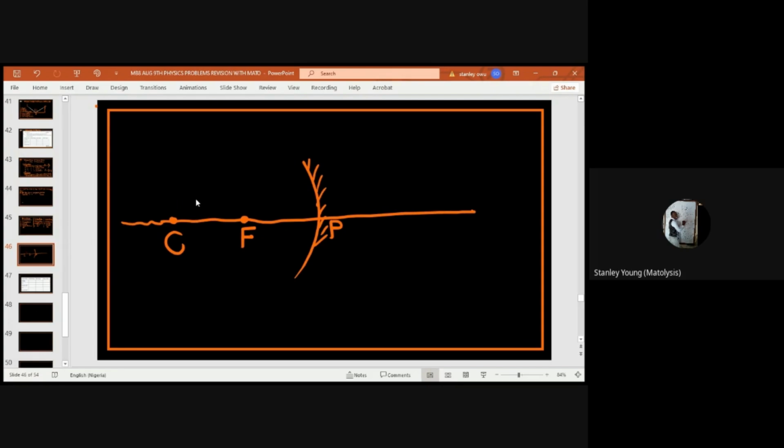For the case where the object is positioned on F, the image will be formed at infinity. For the case where the object is positioned between F, that's the principal focus, and the pole, the image is usually formed somewhere around here. It's going to be magnified, erect, virtual, formed behind the mirror. Okay, so these are the different properties of such images.